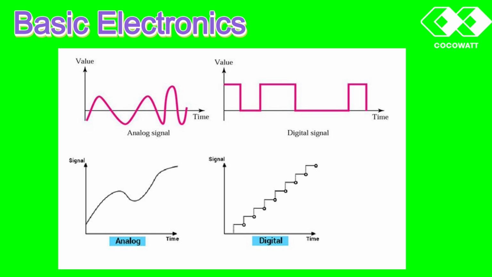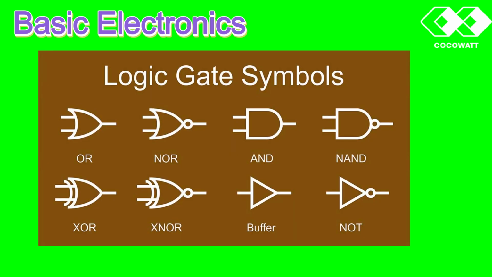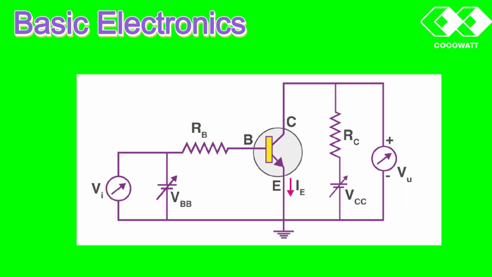You should also understand the difference between digital and analog signals. Digital signals represent binary data, zeros and ones, while analog signals vary continuously. Logic gates like AND, OR, and NOT are fundamental for decision making in circuits, and transistors act as switches or amplifiers for controlling current.